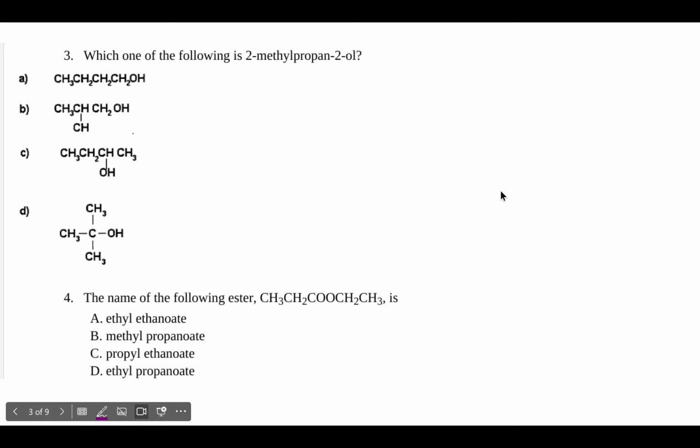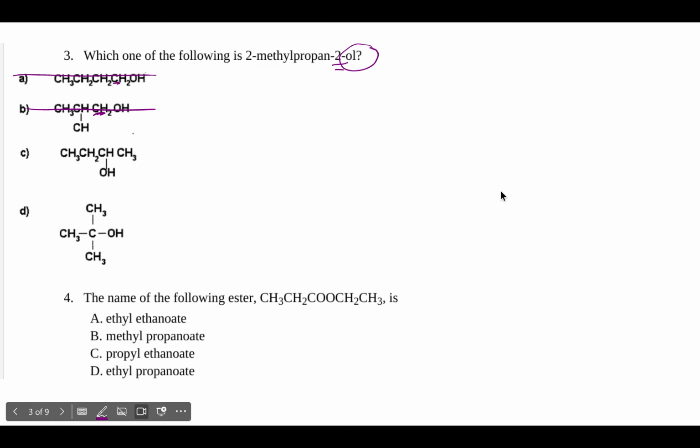Number 3, which of the following is 2-methylpropan-2-ol? So this is showing you have an alcohol group on carbon 2. Looking at the first two, we can rule them out because our OH group is going to be on our first carbon.